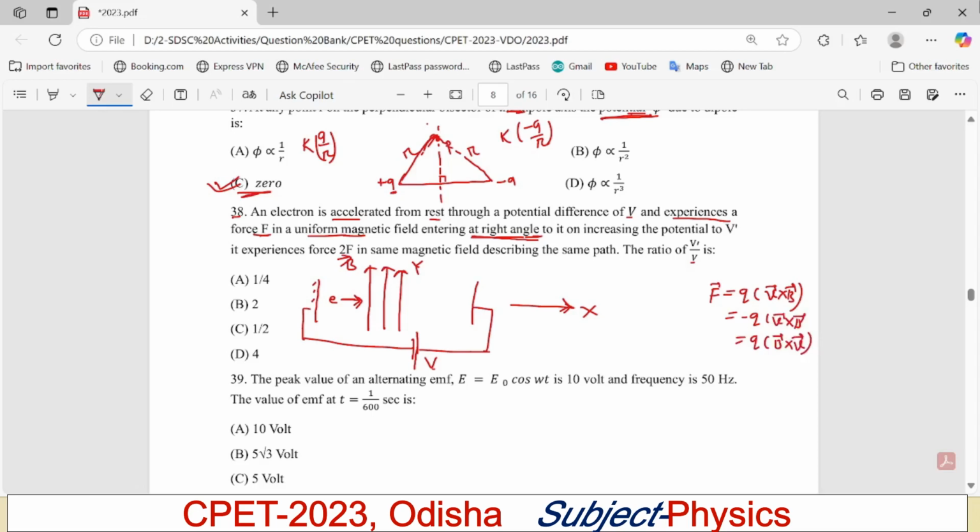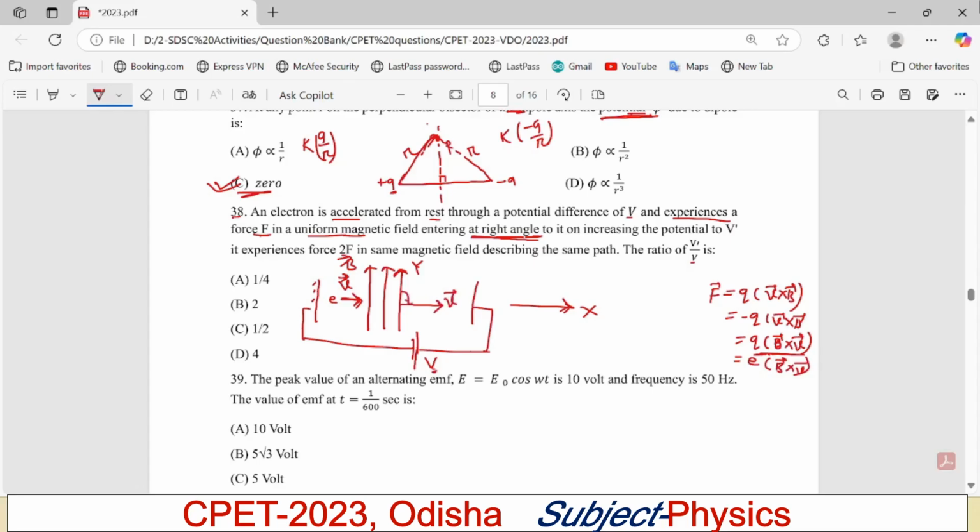Here v is the velocity. The electron is moving along the x-axis with velocity v, and the magnetic field is present along the y direction like this. Initially the electron is accelerating in potential difference V. So the magnetic force on the electron will be Q into v cross B, or we can write e, charge, v cross B. This is your v direction, this is your B direction.